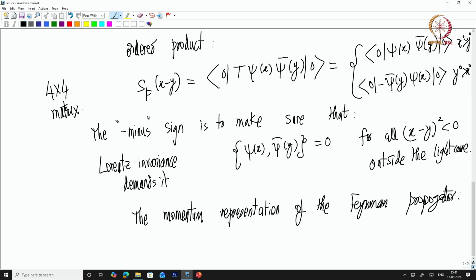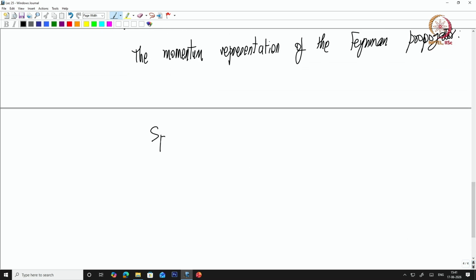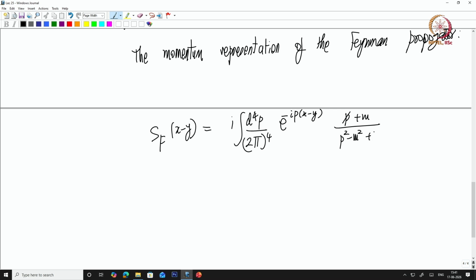It is S_F(x minus y) equal to i times the integral d power 4 p over 2 pi power 4, e power minus i p(x minus y), times (p slash plus m) by (p square minus m square plus i epsilon).